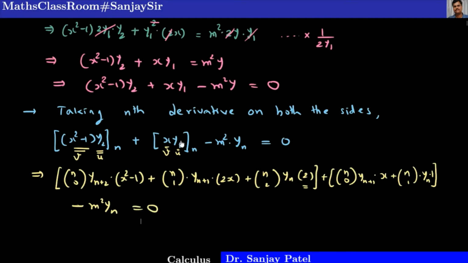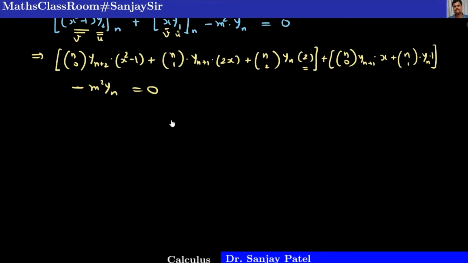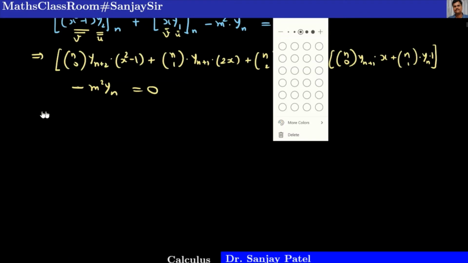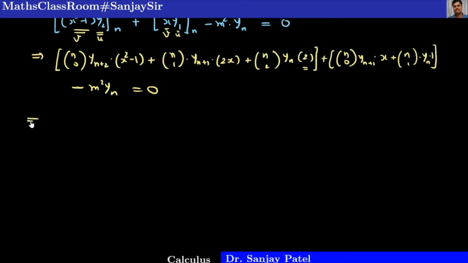Now let us simplify this. So this implies nc0, that is 1, so yn plus 2 into x square minus 1, okay, plus for this nc1 is n into 2x, so 2nx into yn plus 1.